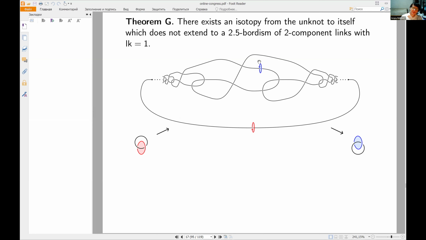But you can do it for this meridional disk and also for this meridional disk, which gives you two isotopies to the unknot. When you combine them, you get an isotopy from the unknot to itself, and it turns out that it doesn't extend even to a 2.5-bordism of two-component links with linking number 1.